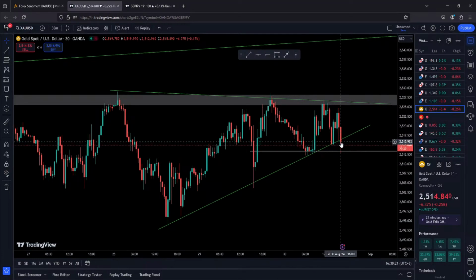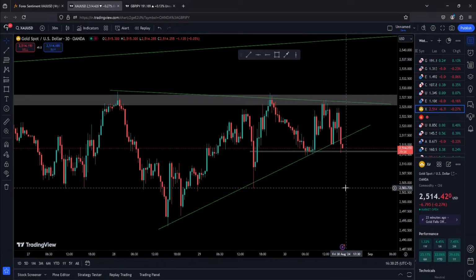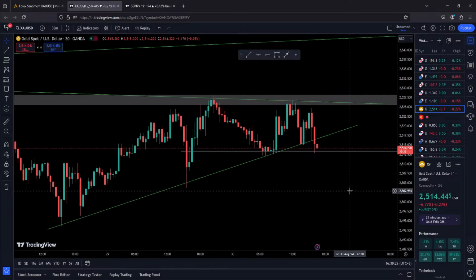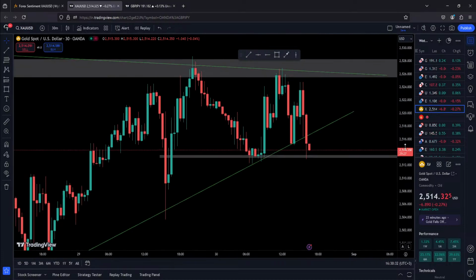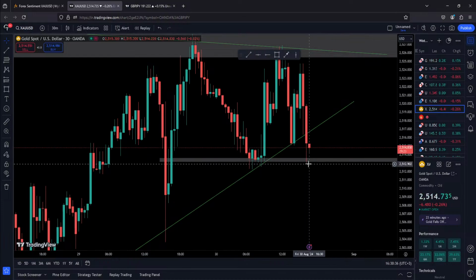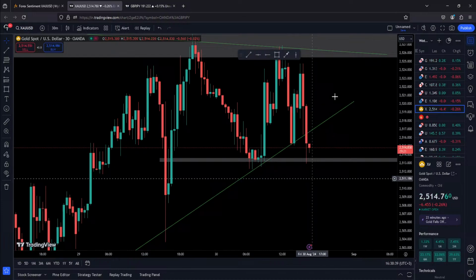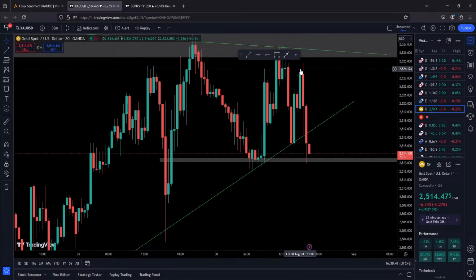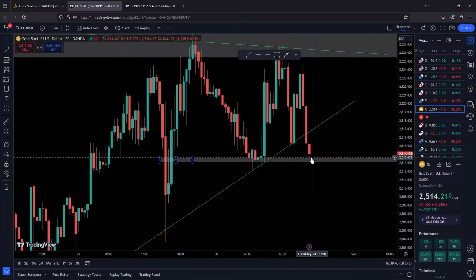As we can see, the candle has finally closed below the lower trend line, and the volume is coming in from the New York Stock Exchange session. But can we actually take sells if this candle breaks the low of the previous one? I really don't think so, because the move has already been done from this point till this point.